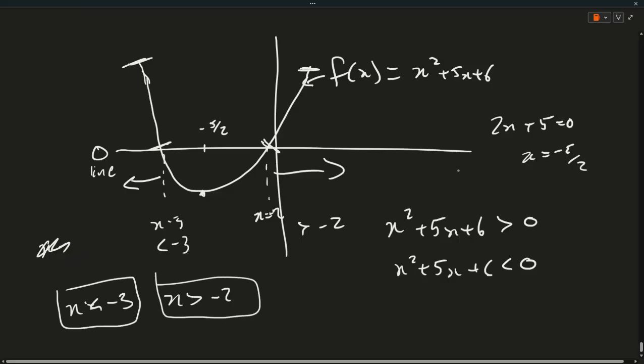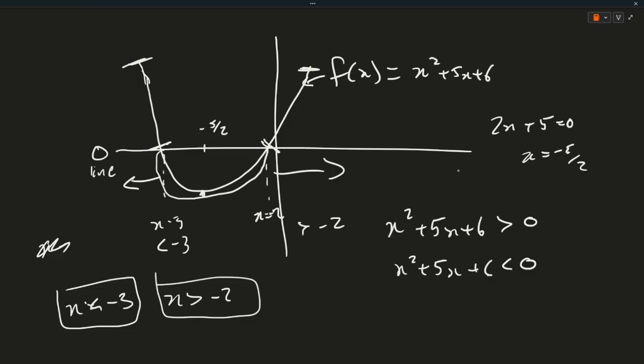Okay. The second thing they could ask you for is if the function is less than 0. So that's anything around this point, where this curve dips below the 0 line. In that case, we can see it's anything on this side of the function.